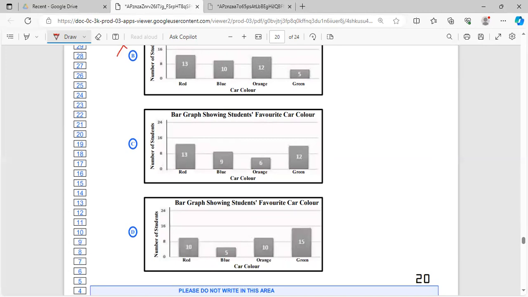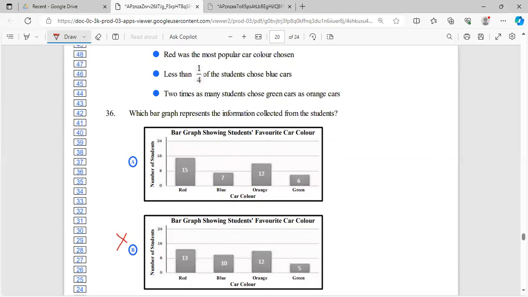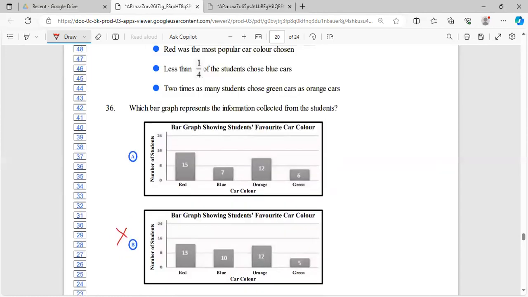Alright, let's look at another clue now. It says red was the most popular. So I think all of those red are the most popular. Let me see. No, red is the most popular here. So let's see how easy maths is, guys. You only have 2 more options to choose between. So let's read the third sentence. It said 2 times as many students chose green as orange, meaning green is double orange.